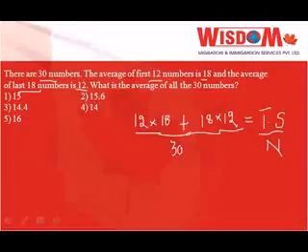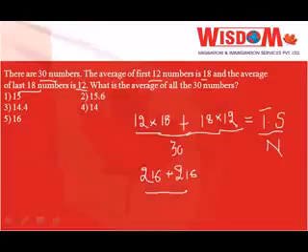Now let me go ahead and calculate the average. It's 12 times 18 plus 18 times 12, divided by 30. So what is 12 times 18? 12 times 18 is 216, right? Again, 18 times 12 would also be 216, guys.